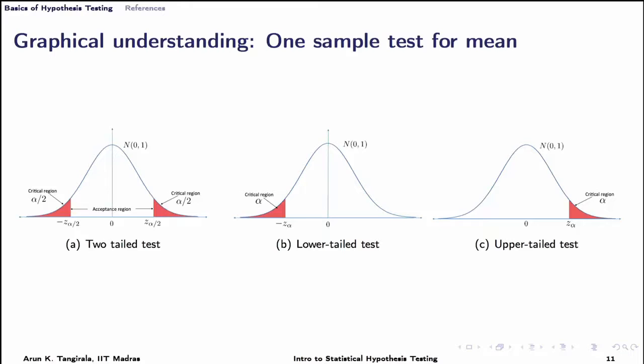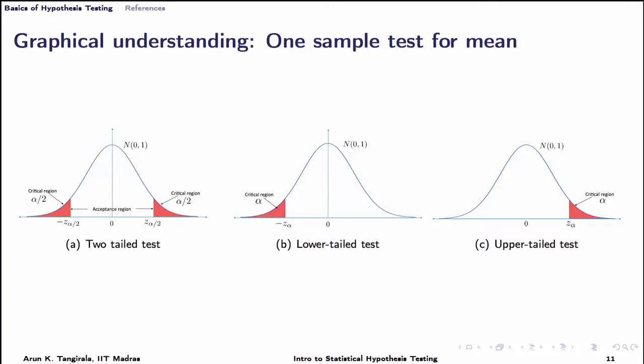In this case, the critical region is completely to the left, because this arises when the alternative hypothesis is of the type theta is less than theta naught or mu is less than mu naught. That means, when the test statistic falls to the left of the extreme value that I am willing to tolerate, which is the critical value, then I reject the null hypothesis, saying that if the null hypothesis is true, it is very unlikely that I can get an extreme value such as this.